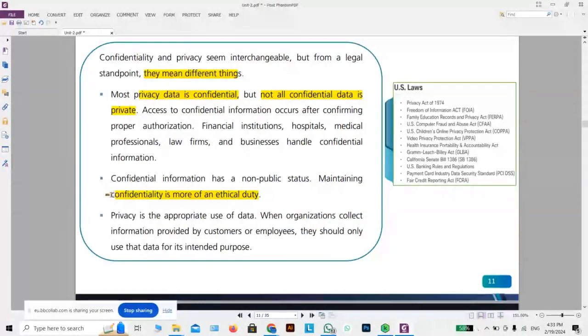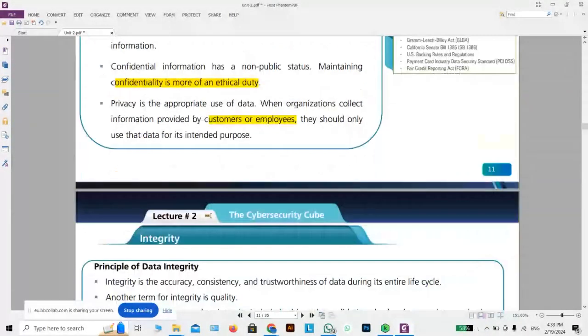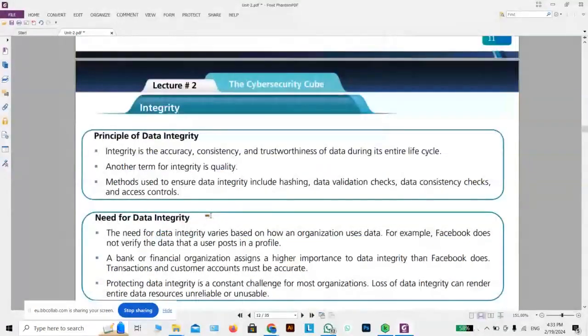That is what it means. Organizations, customers, and employees should also be careful not to expose the confidential information of the organization.